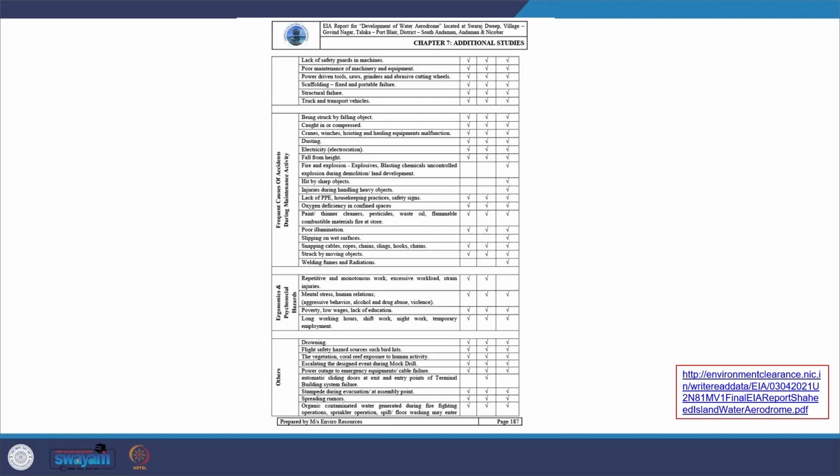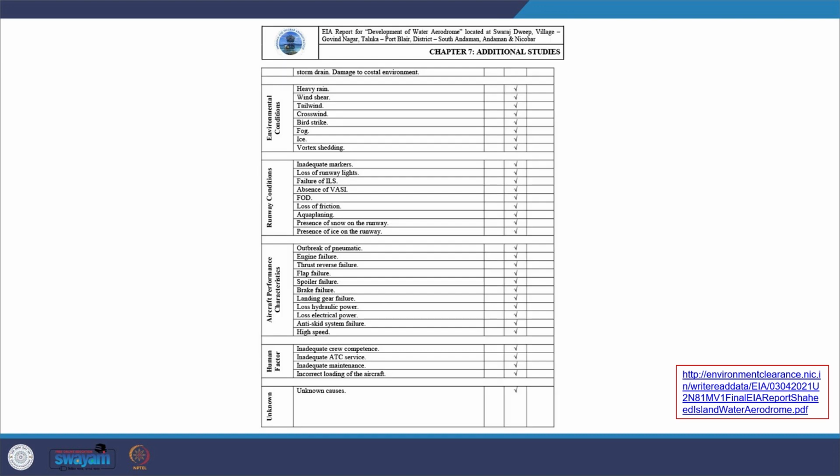All that has been ticked here. That's very relevant for this particular case. So that study has been undertaken here. You see how they are looking at all the aspects of what possibility there is of risk, what risks are there in this particular case. You can see all that during the operation, construction, and post operation phase.